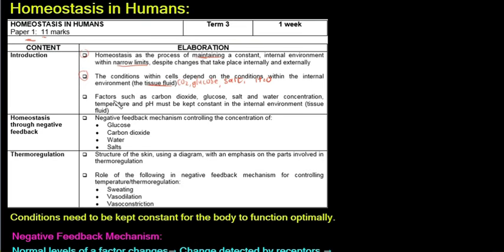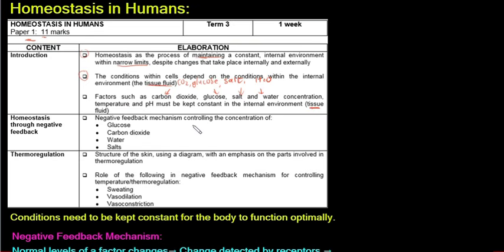Temperature and pH must also be kept constant in our internal environment, which is tissue fluid.